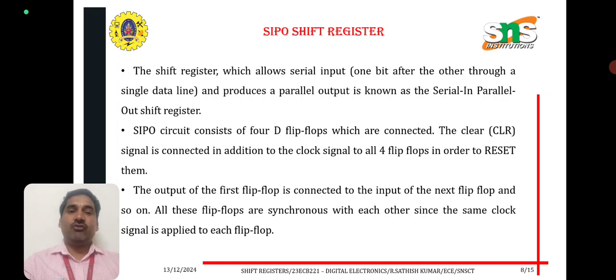SIPO consists of 4 D flip-flops which are connected. The clear signal is connected in addition to the clock signal to all the flip-flops in order to reset them. The output of the first flip-flop is connected to the input of the next flip-flop. All these flip-flops are synchronous with each other since the same clock signal is applied to each flip-flop.